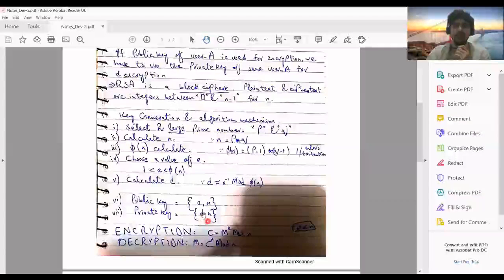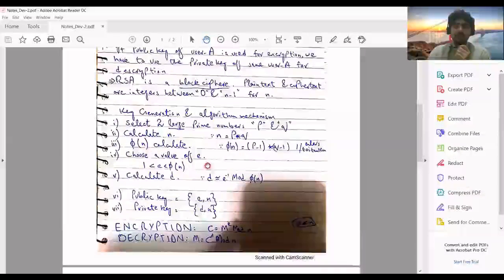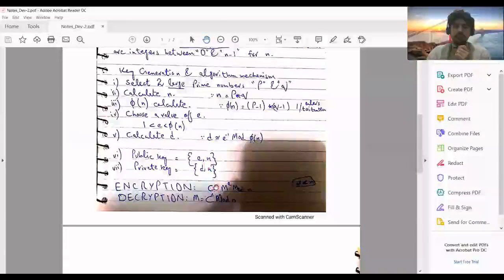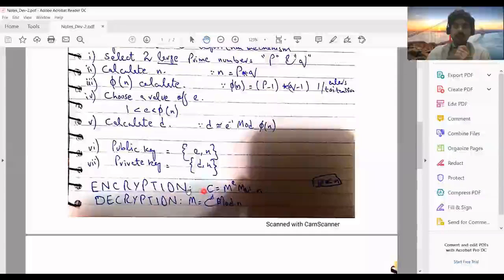The private key is d and n, where d is the value calculated here, and then n. In encryption we have c equal to m raised to power e mod n. For decryption we have m equal to c raised to power d mod n.